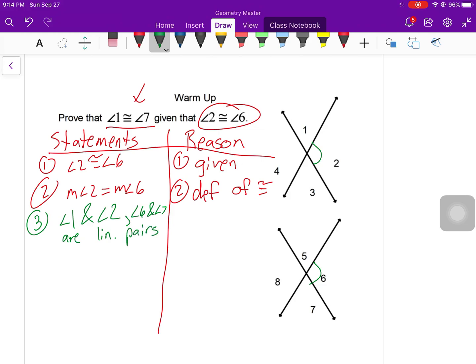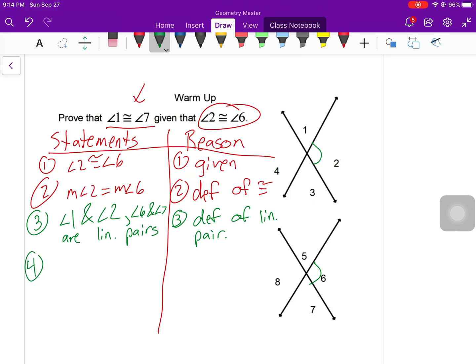This is one where I'm not going to be too picky. This is going to be the definition of linear pairs. If you switch around the definition of linear pairs and the linear pair postulate, I'm not going to be too offended, because they're basically both going to be used in succession each time.